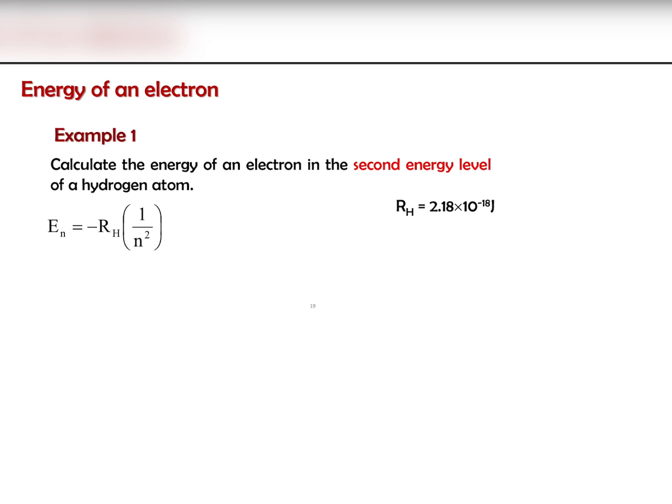So kita masukkan dalam formula at n equals to 2, so negative 2.18 exponent negative 18 joule times 1 over 2 to the power of 2, and your answer will be negative 5.45 exponent negative 19, jangan lupa tulis unit joule.